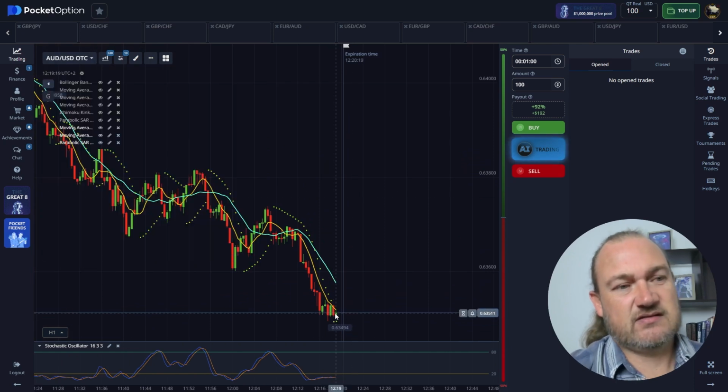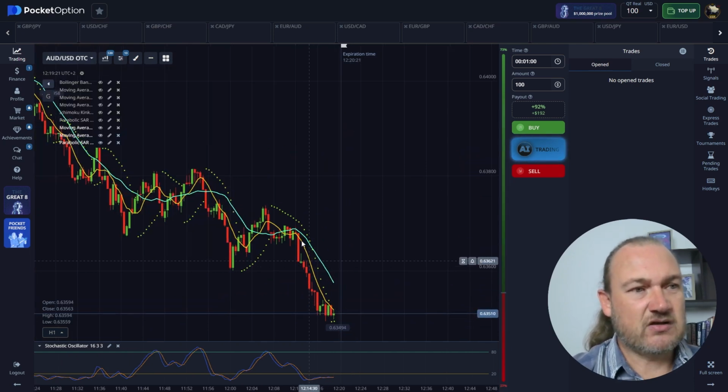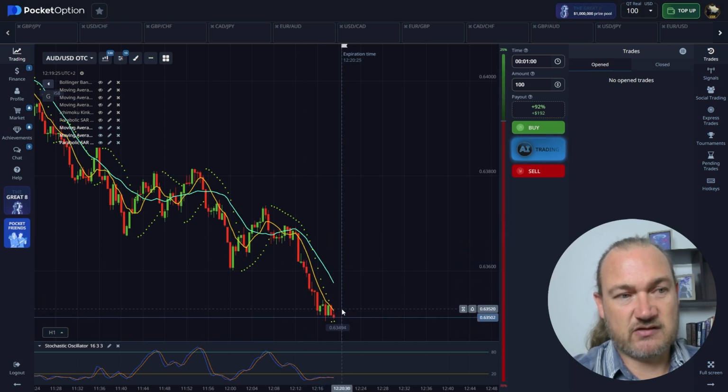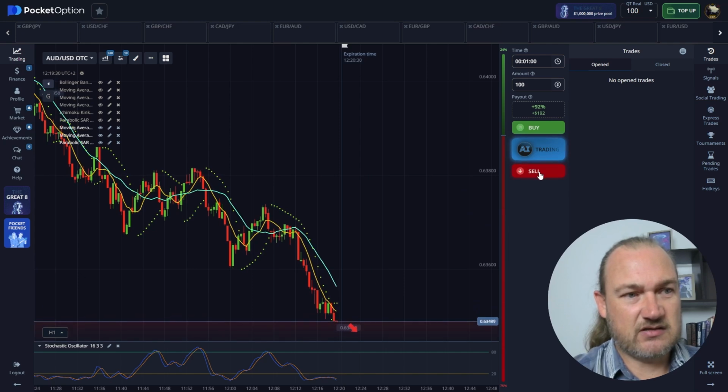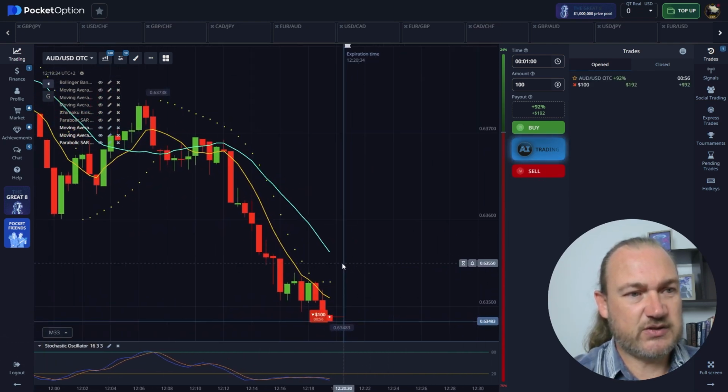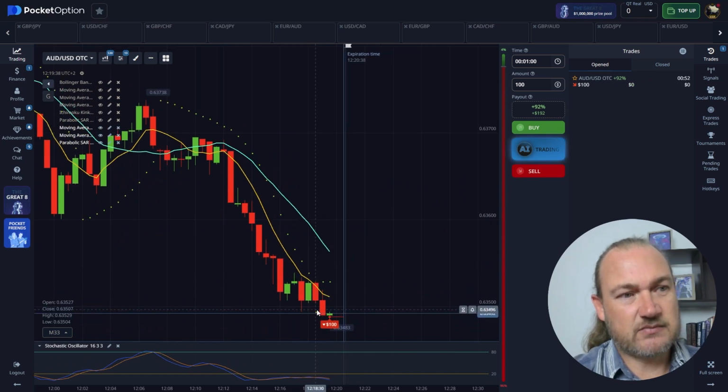So here's something that's setting up. Okay, so we are in a downwards move. My moving averages are far apart from each other right now, and we can see that we broke the top SAR and then we just broke the bottom one as well. Let's zoom in a little bit. As you can see, we pushed through the SAR on this candle here.